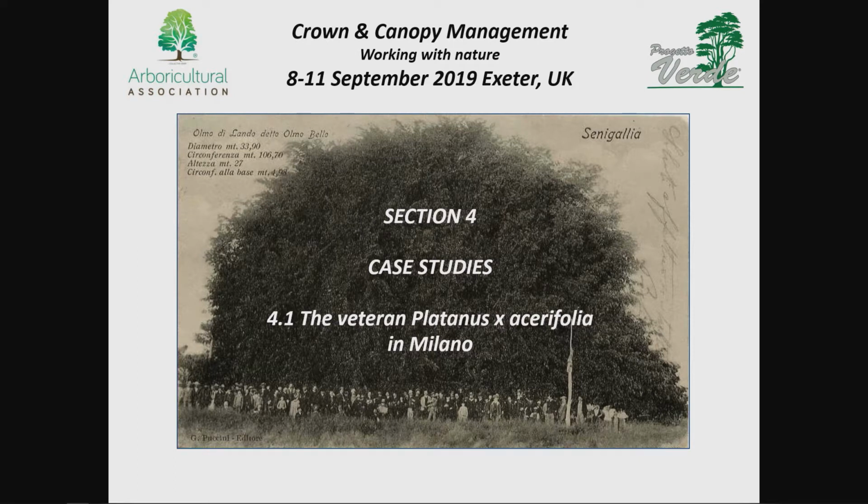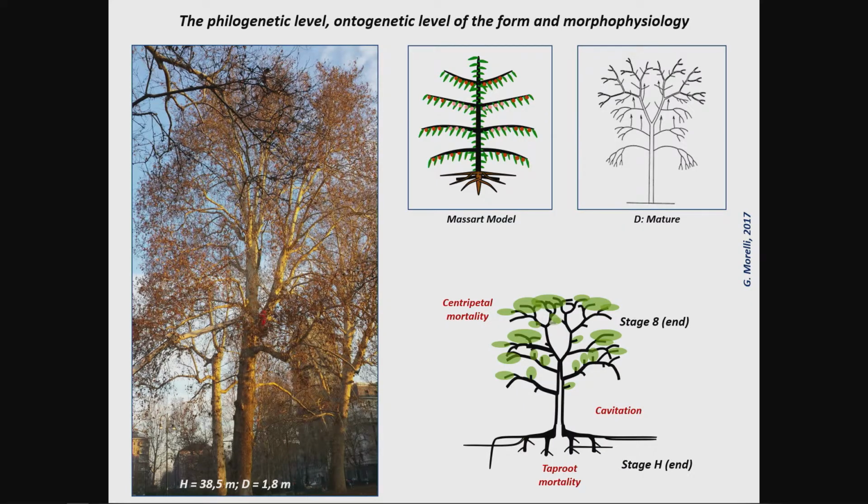So now I would like to talk a little bit about 2 case studies. And the first one is a London plane tree in Milan. You can see here the climber with the red jacket. So it's quite a huge one.